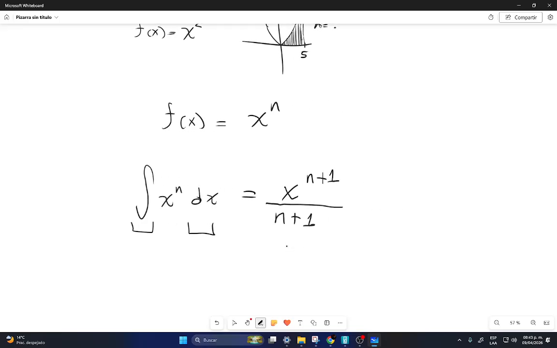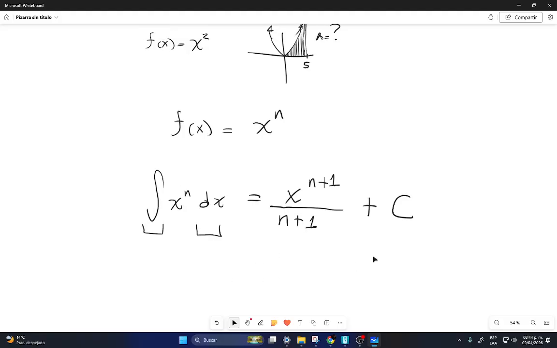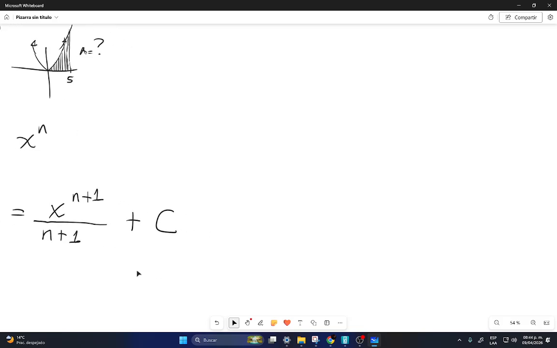Okay, here we have to include plus c, which is the indication that there might be a constant that we cannot determine for sure what number it is. What do I mean? If, for example, let's go back to the example, x squared plus 5.